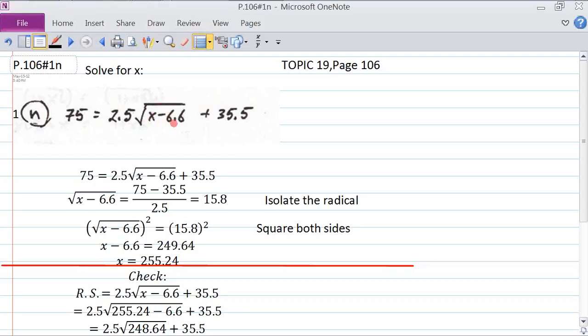So in order to do that, I have to transpose this to that side, 75 minus 35.5, and divide by the coefficient here, 2.5.